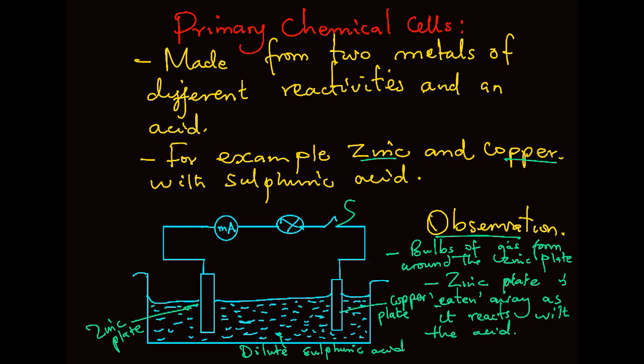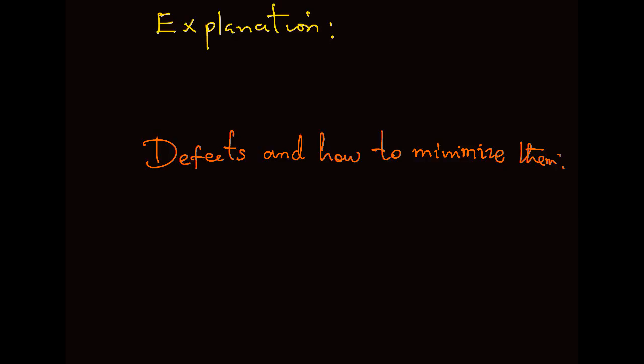Explanation. Zinc is reacting with the acid faster than copper. That is why bubbles are not formed on the zinc plate as they are formed on the copper plate.